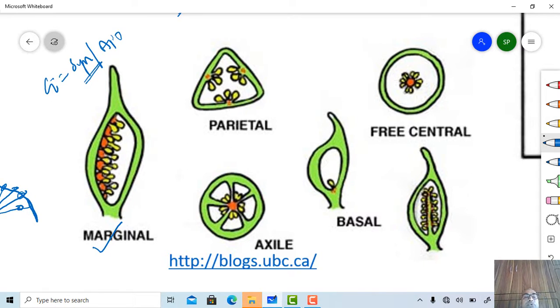When carpels are fused, it is called syncarpous, and when carpels are free, it is called apocarpous. Actually, family Apocynaceae is bicarpellary, so two carpels will be present. If you see the whorl of gynoecium here, it will show two carpels, and these carpels may be present in this way, either syncarpous or apocarpous.